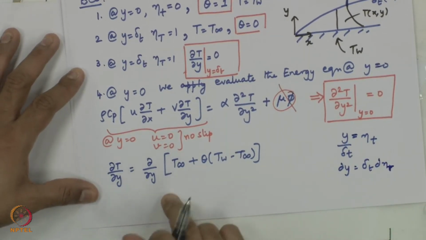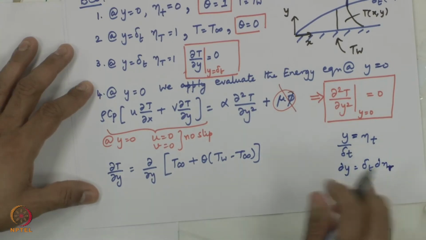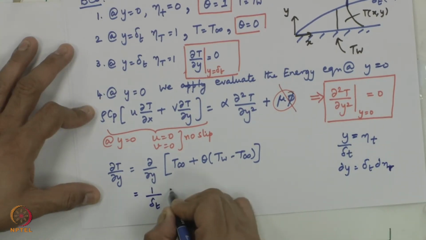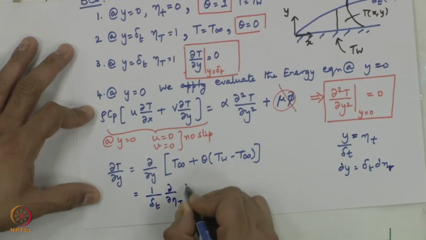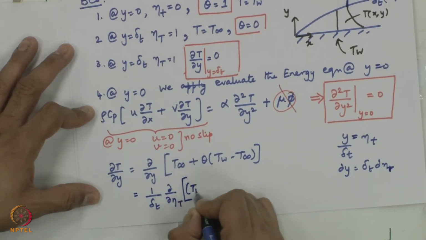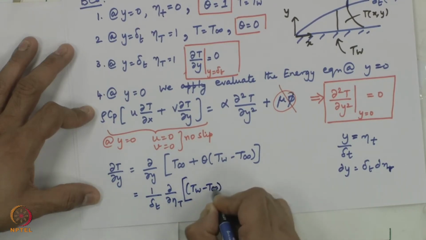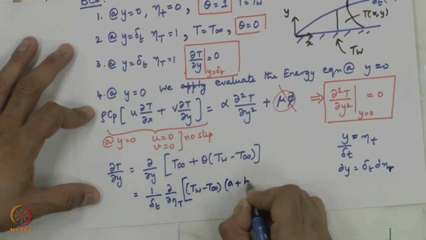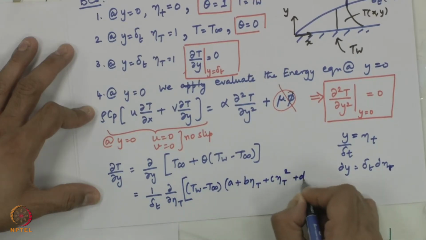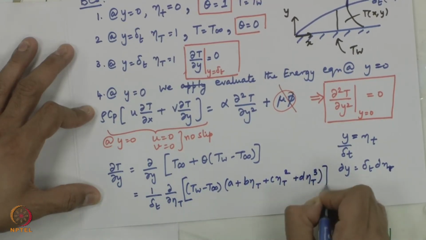Okay, so using this relationship, I would write this as 1 over delta t d by d eta t of T wall minus T infinity times theta, which is A plus b eta t plus c eta t squared plus d eta t cubed.